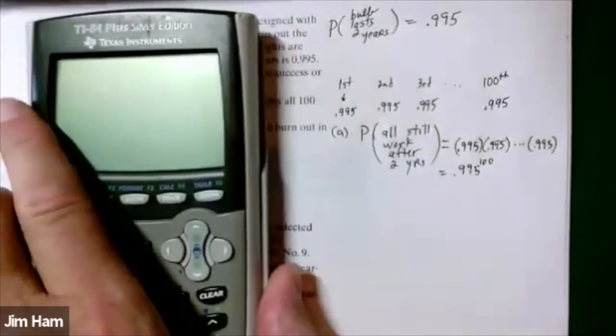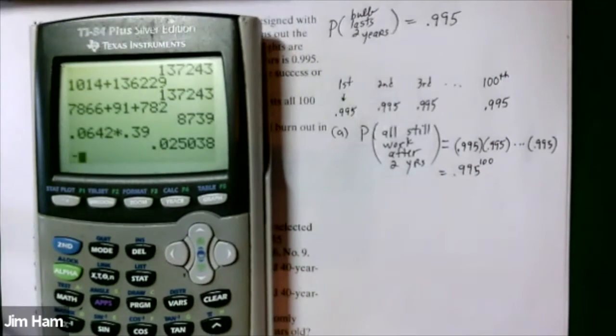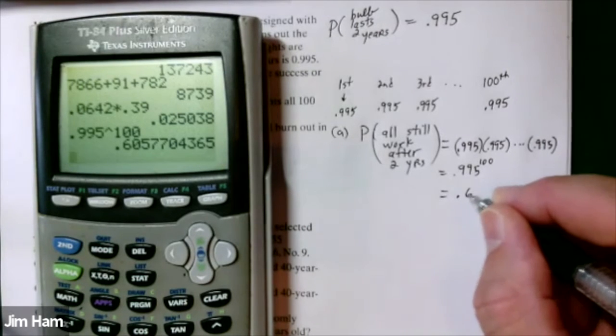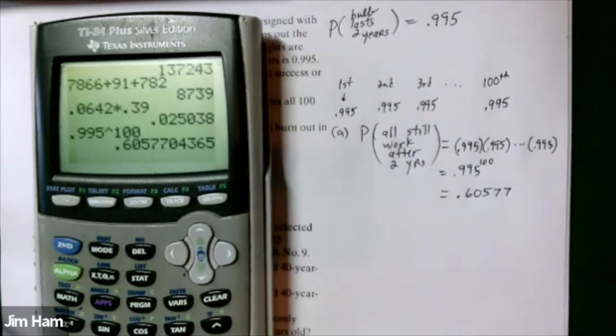So we're going to get the calculator out and compute 0.995, and we'll use the caret symbol here to use big exponents. And you can see this is the probability, which is nice. After 2 years, there's only a 60% chance that the whole string will last, even though each individual light bulb will last with a probability of 0.995.